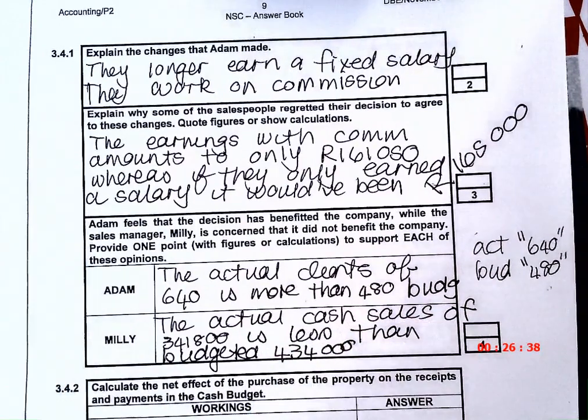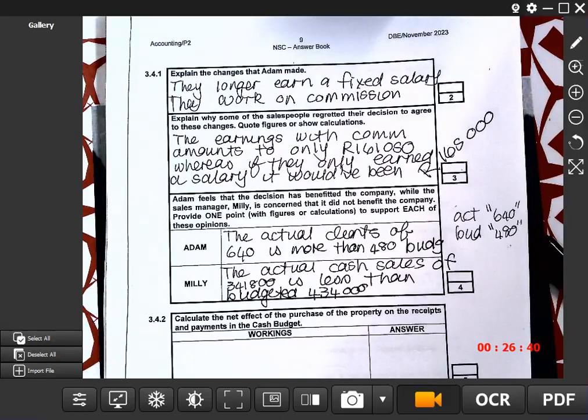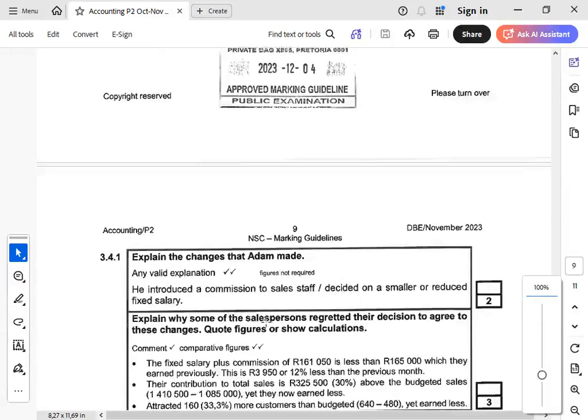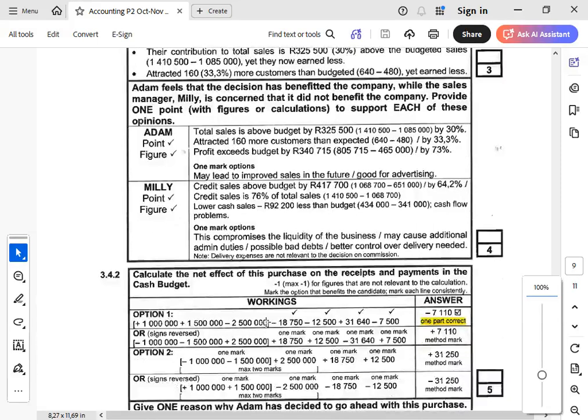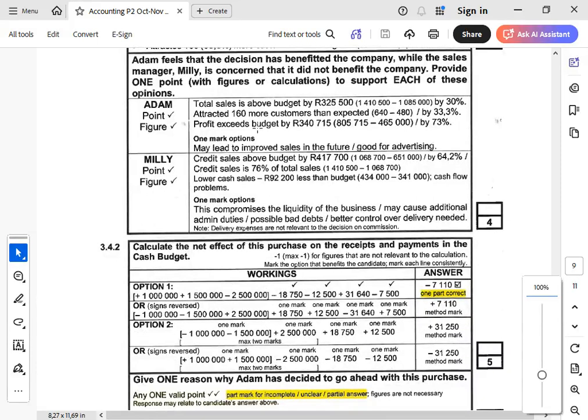Okay, let me just make sure that that is the answer. So they say there, Millie, credit sales is above budget. Lower cash sales. So she's not happy because the credit sales is more than budget and the cash sales is less than budget.